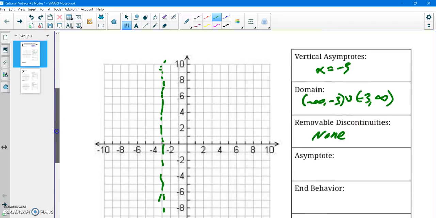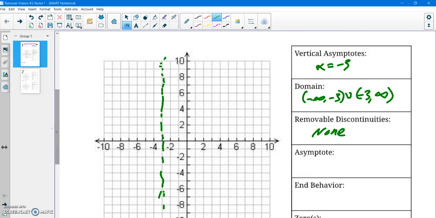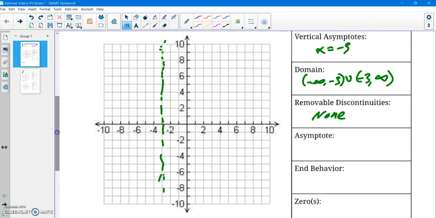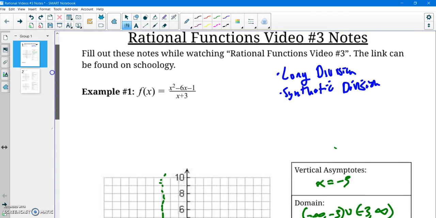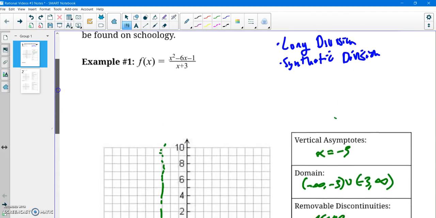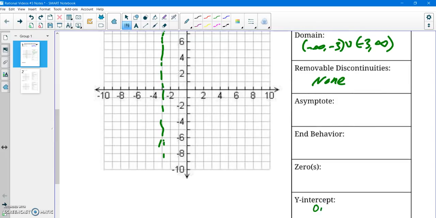We're going to come back to the asymptote and behavior idea, but let's find our y-intercept real quick. We plug in 0 for x, we get -1/3. So my y-intercept's (0, -1/3). Plot that.